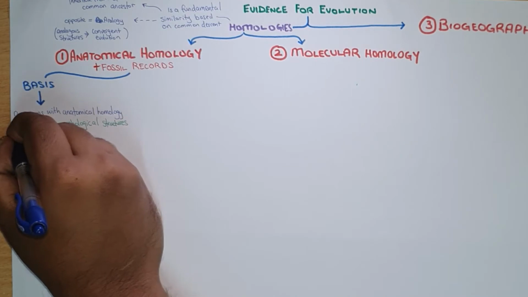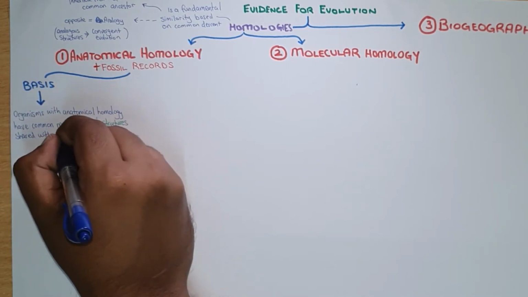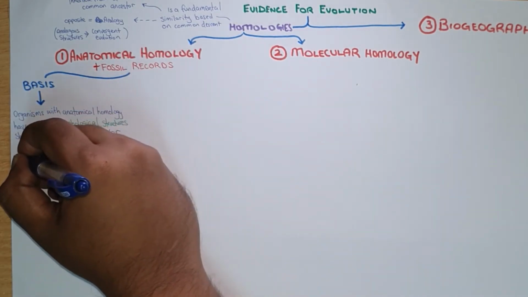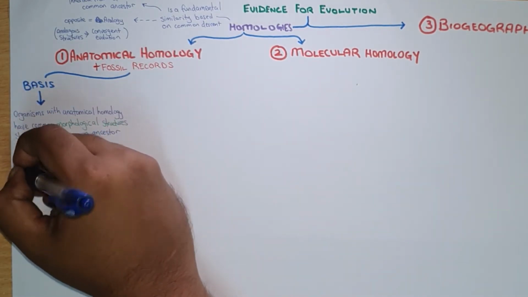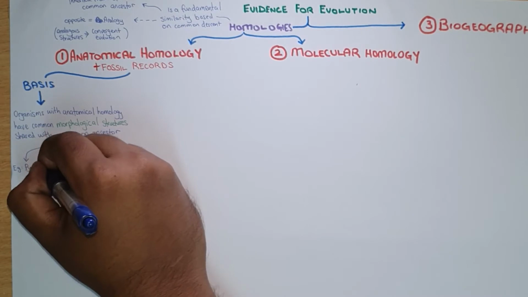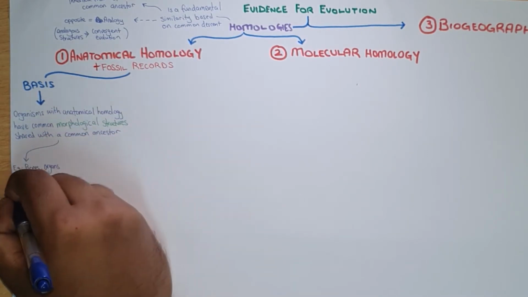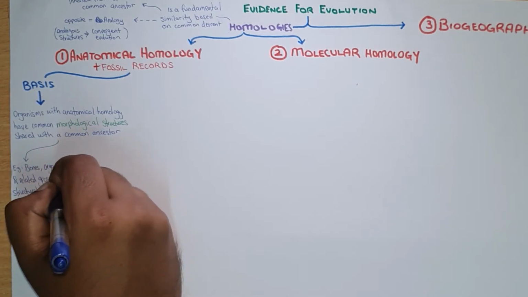The focus is on morphological structures. It doesn't mean they are exactly the same structures, but rather like the limbs, or the head structure. For example, there can be bones, organs, and even related growth structural features.